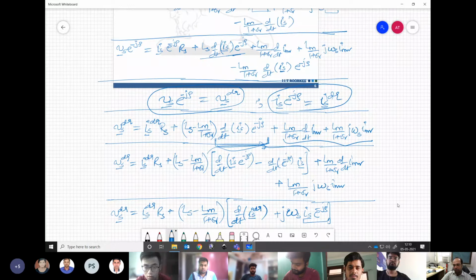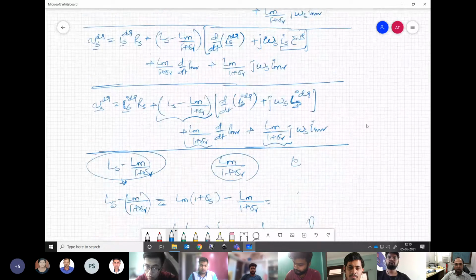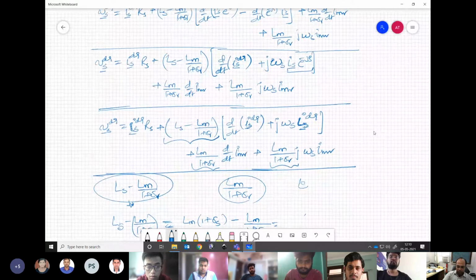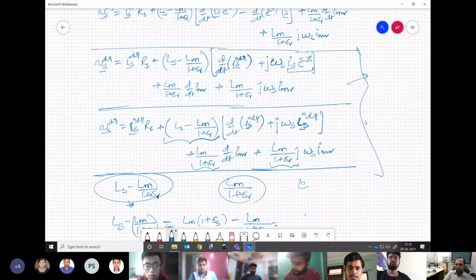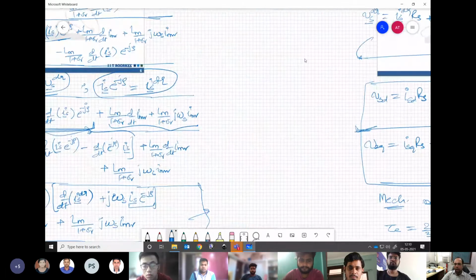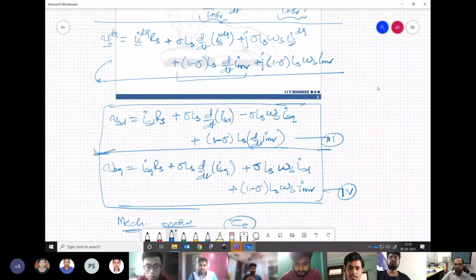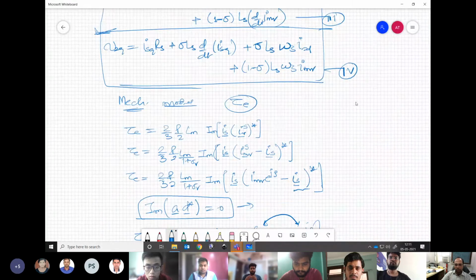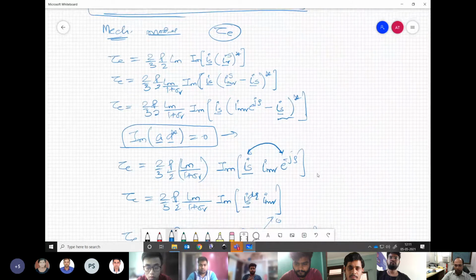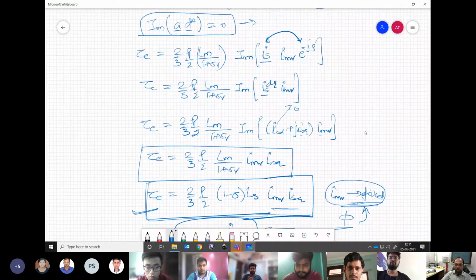After the simplification and plugging in these values, we are able to come up with two equations which define basically the D and Q axis voltages and currents in the stator. All these four can be written in one place, which we can call our model for the induction motor. We have also seen the torque equation, how it boils down to ISQ and IMR.